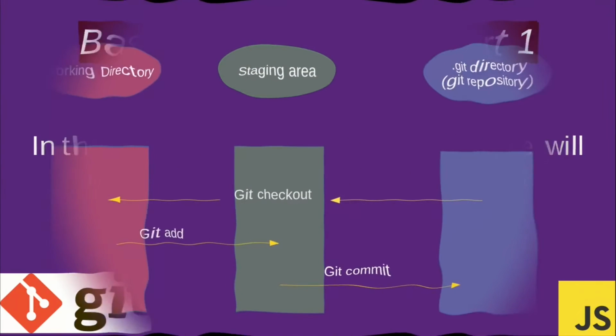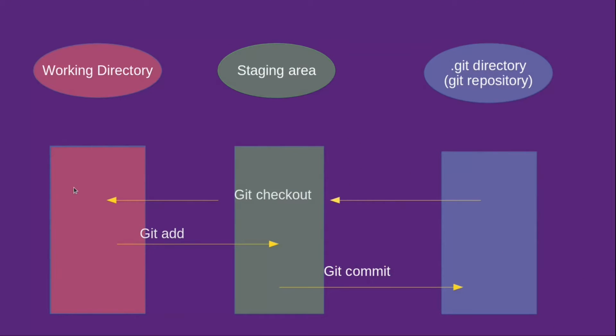Okay, before we jump into that, please let me briefly present the philosophy behind Git. First of all, as you can see there, we have a working directory, which is the current directory we are actually working in.